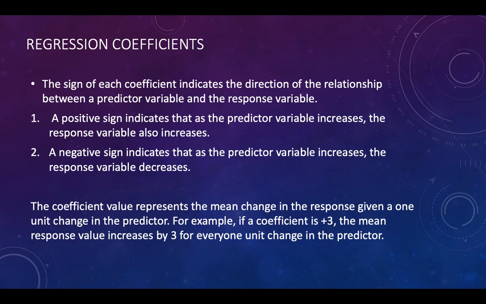But if the regression coefficient has a negative sign, suppose the value 3 is minus 3, so minus 3x plus 5, then the negative sign indicates that as the predictor variable increases, the response variable decreases, because there is a minus sign.